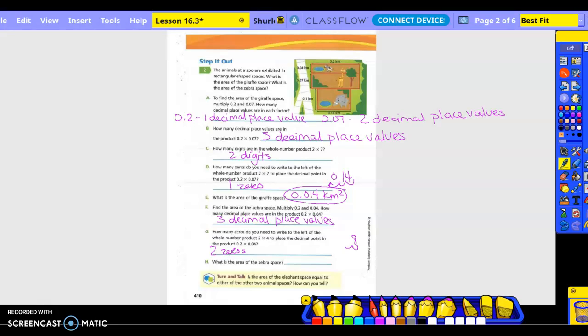So 1, 2, 3. So to hold my spot, I'm going to put zeros in there. So what is the area of the zebra space? So not 0.800, 0.008 of a kilometer squared, because we are finding area.